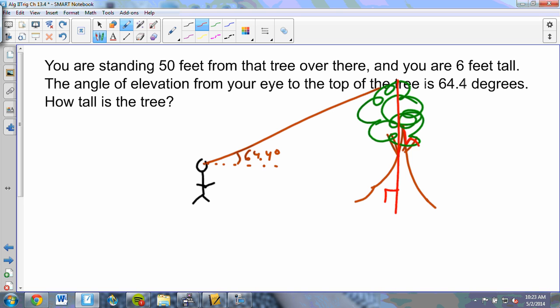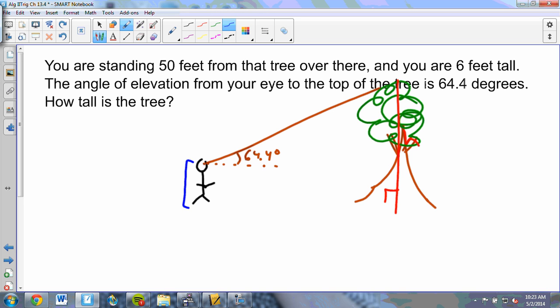I'm gonna find this height, height h. Wait, could you not use the 6 feet, how tall you are anyway? Yeah, that's a big part of it. We're gonna say to our eye is 6 feet.